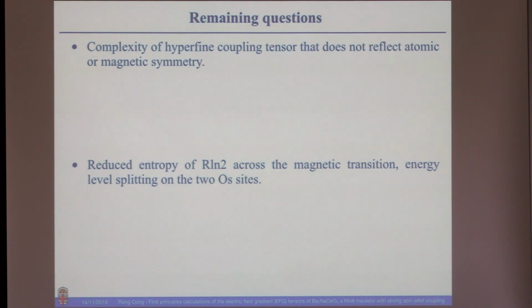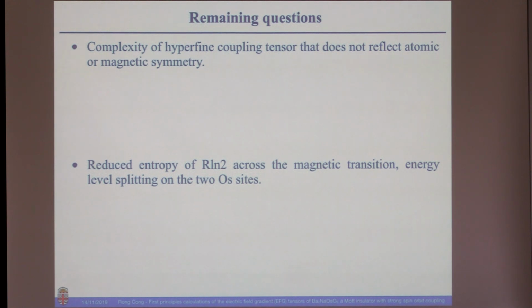What is strange about this, the entropy of R ln 2? So the ground state is J effective equal to 3/2, but the entropy is R ln 2. So it's consistent with S equals 1/2, but you should see 3/2. That's what you're saying. Yes. Yeah.